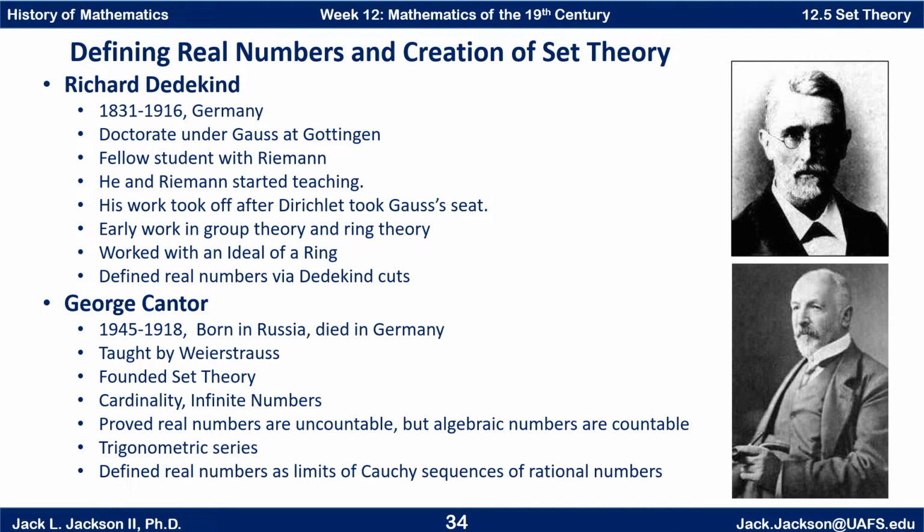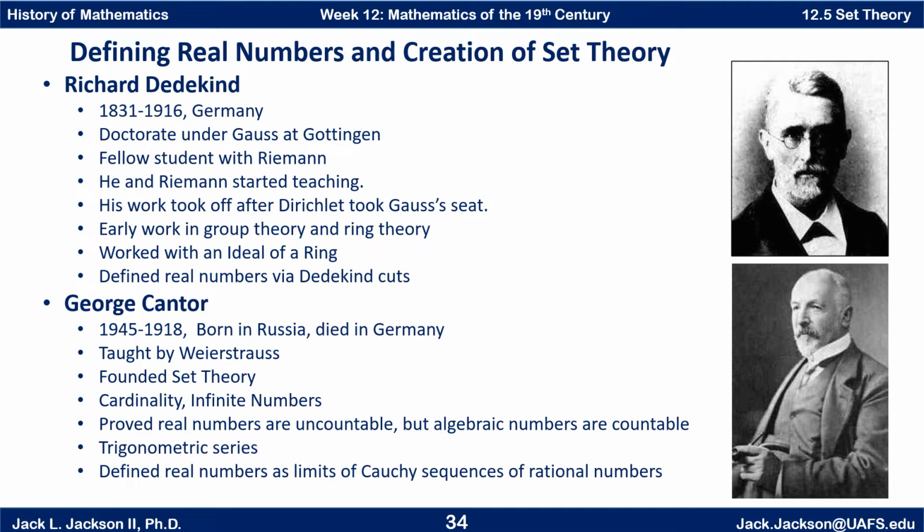His work really took off after Dirichlet took Gauss's seat, and they collaborated a lot. He did very early work in group theory and ring theory. He worked on the ideal of a ring, and he defined real numbers via Dedekind cuts.